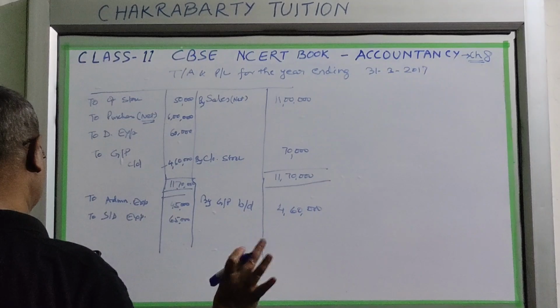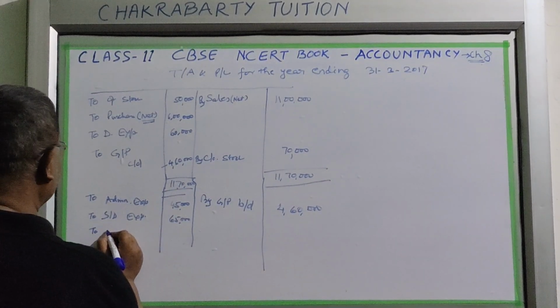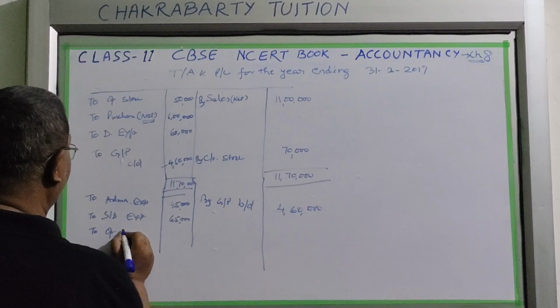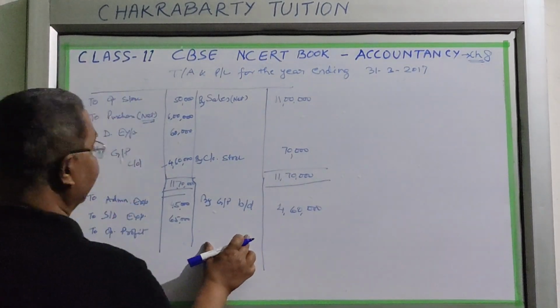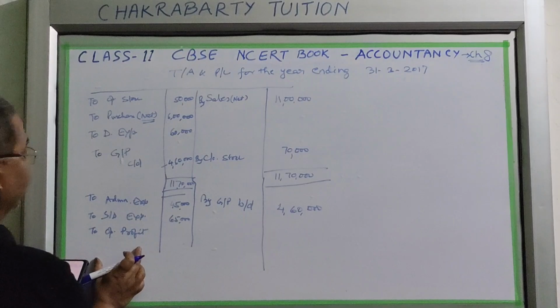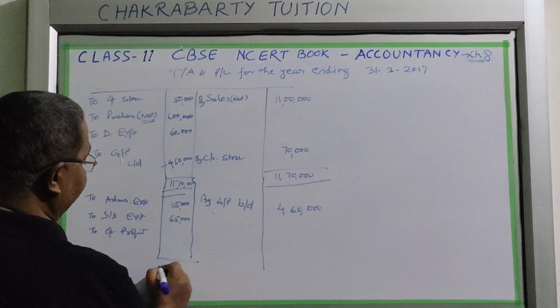And keep this in mind also. So now it will come to your operating profit, because other non-operating items and non-operating expenses are not here, so it is only operating.